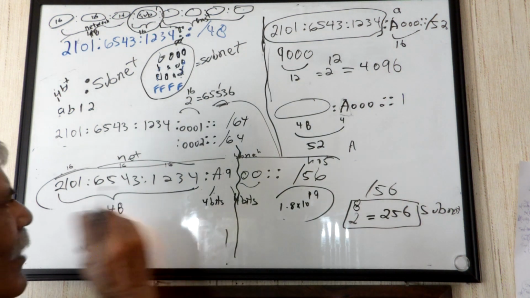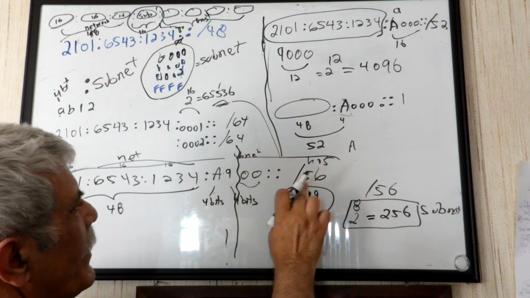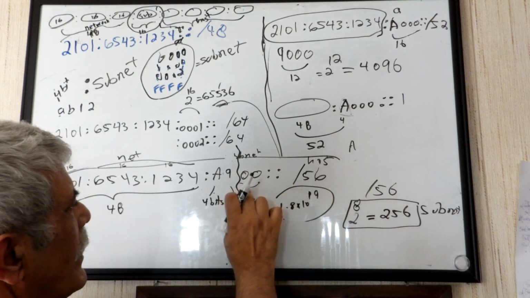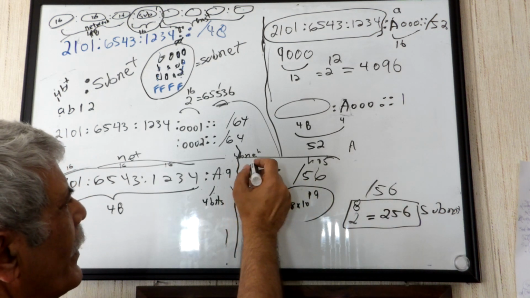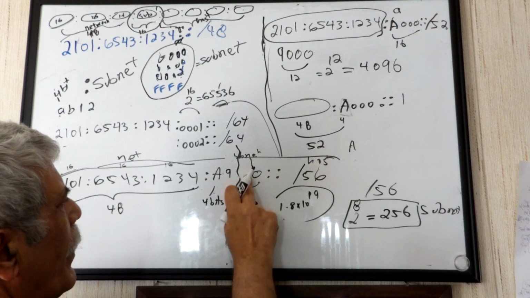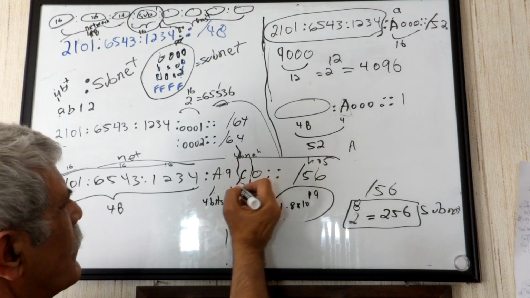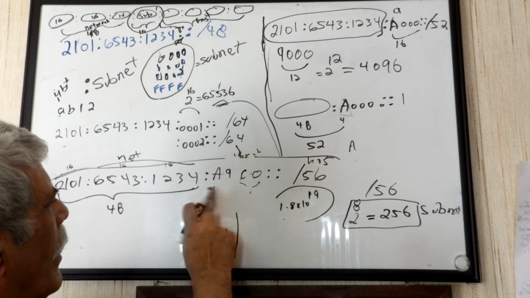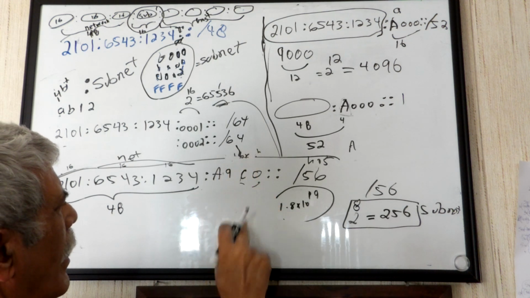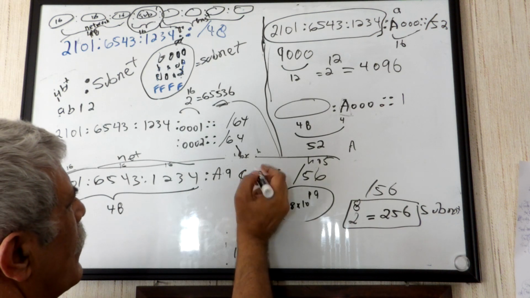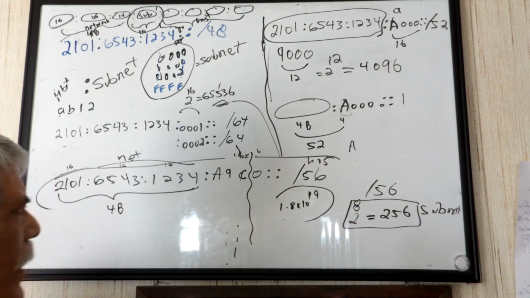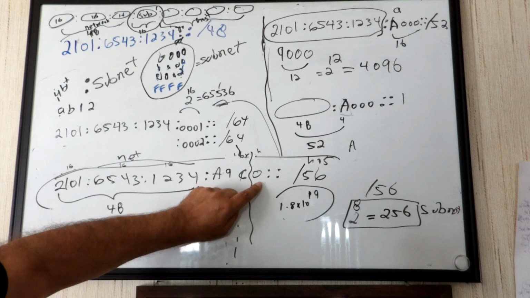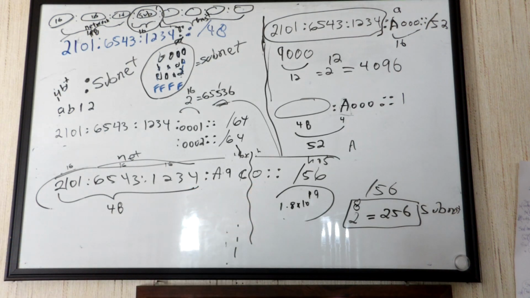So now we talk about every time we add 4, because if you want to come here, only have 1 digit, A9C for example. Okay, A9C0. You only have 1 of this digit, which is 4 bits, only for subnetting.